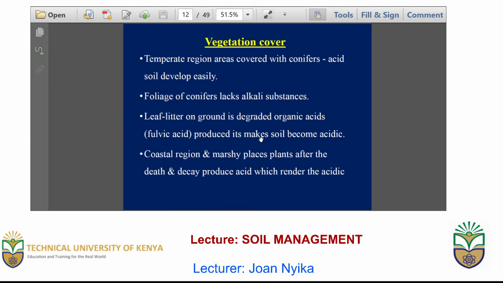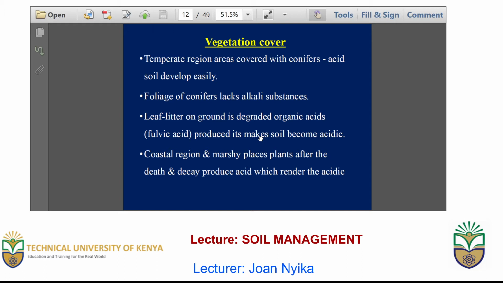The other reason why we have acidity in soils is as a result of the vegetation cover. Usually, in temperate regions, we have vegetative covers, particularly conifers. And these conifers lack alkali substances, and on the other hand, they have cumulative organic acids, or what we refer to as fulvic acids or humic acids.